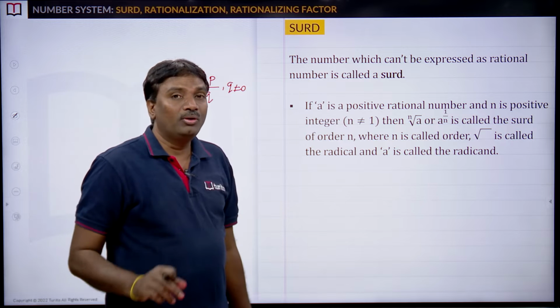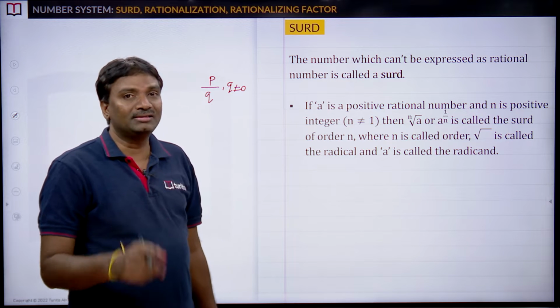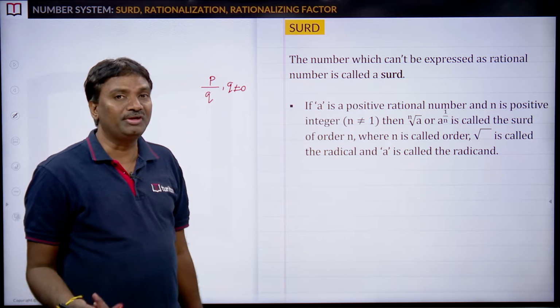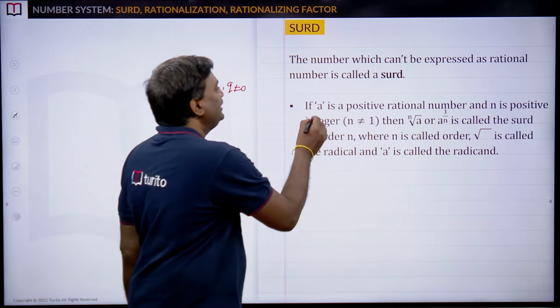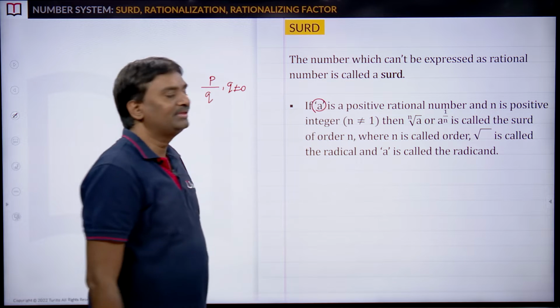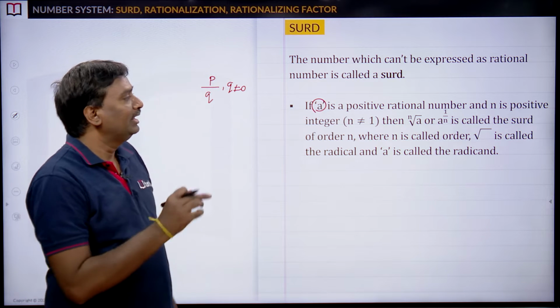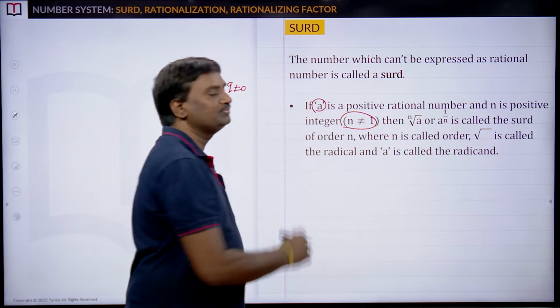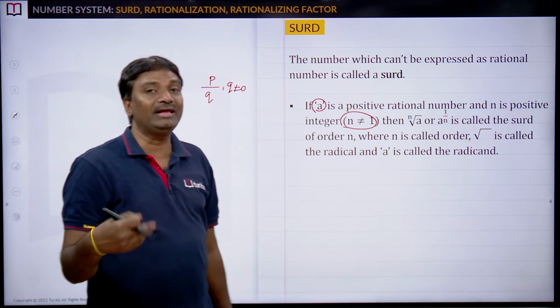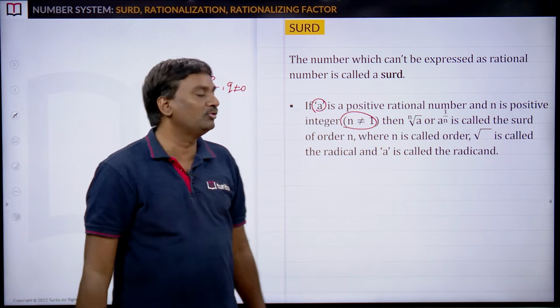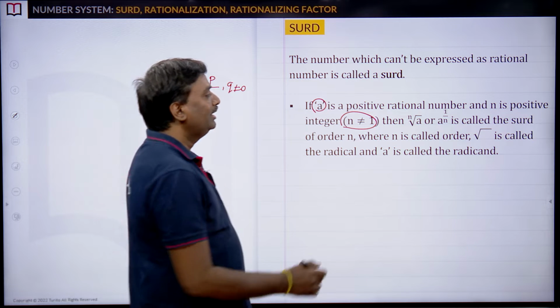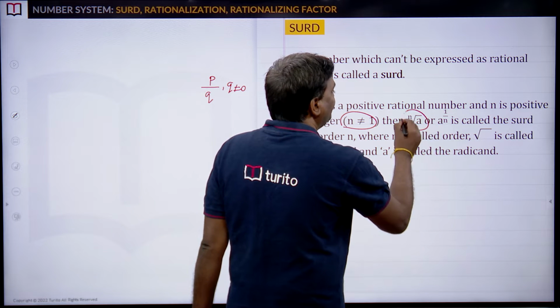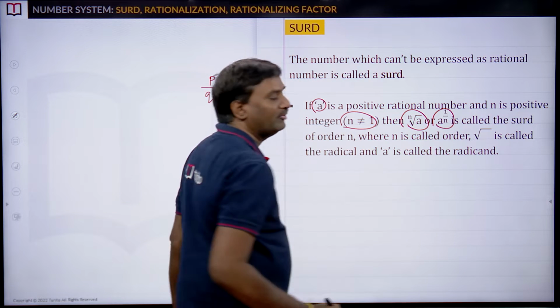Next, how can we denote the surd? If a is a positive rational number, and n is a positive integer and not equal to 1, other than 1 you may take any positive integer 2, 3, 4, 5, 6, and so on, then any expression of the form nth root of a or a power 1 by n.